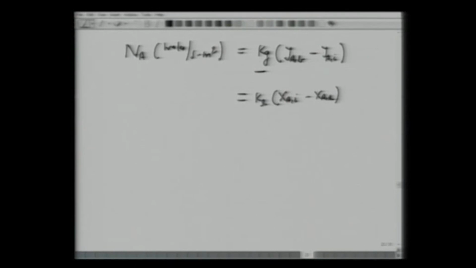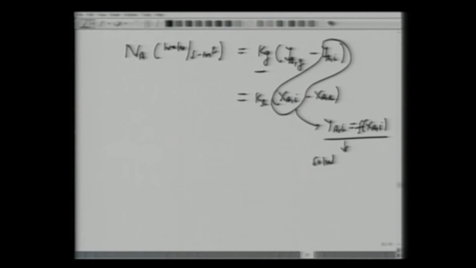Here, if we use the previous nomenclature, this is nothing but YAG. And YAI and XAI are in equilibrium. This is given by some equilibrium data which we have obtained from some experiment or from some reported values. This is nothing but solubility in some cases.